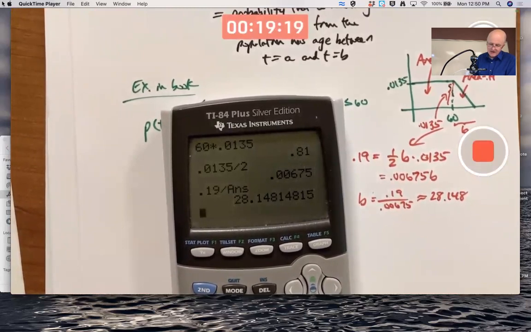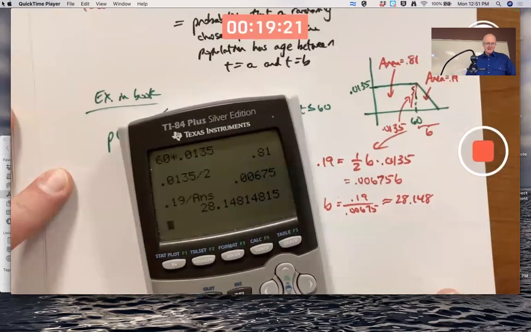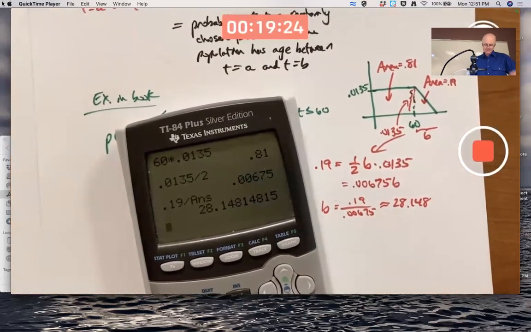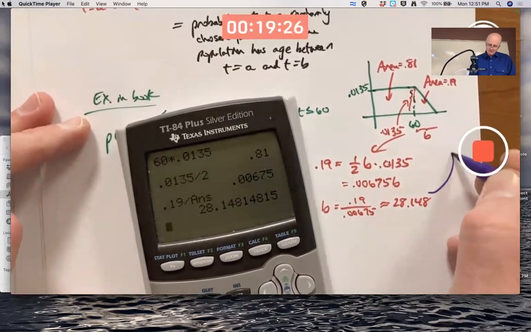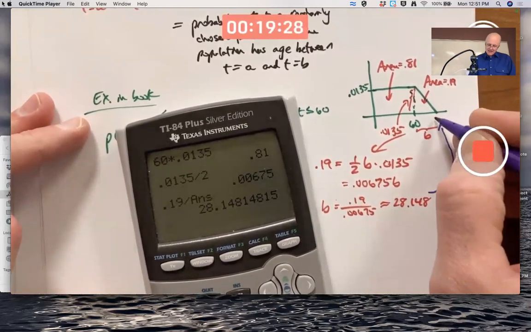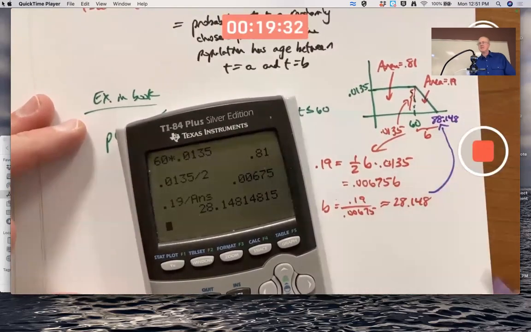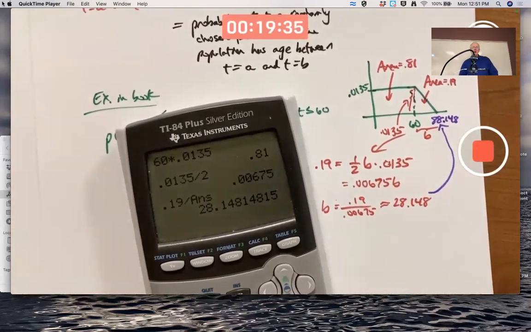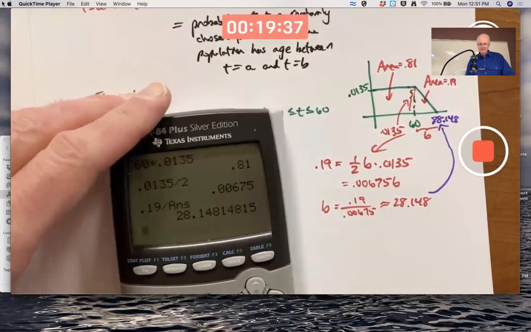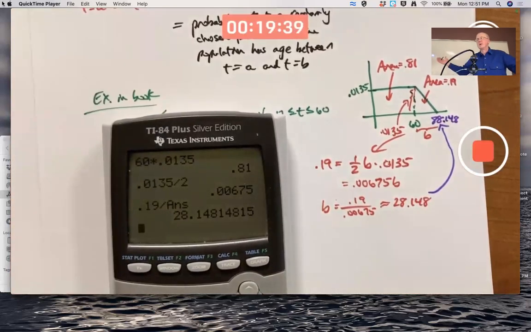That's the base of that triangle, which means what? It means, according to this model, nobody lives past 88.148 years of age, right? You could call that the drop dead date. Okay, nobody lives past then. Of course, people in real life do. This is a model.